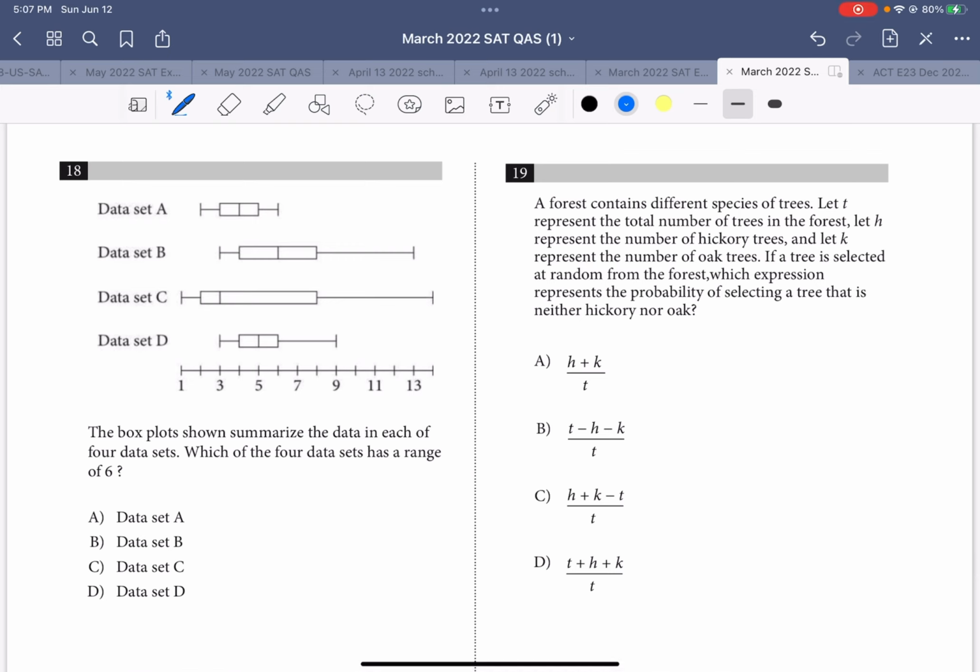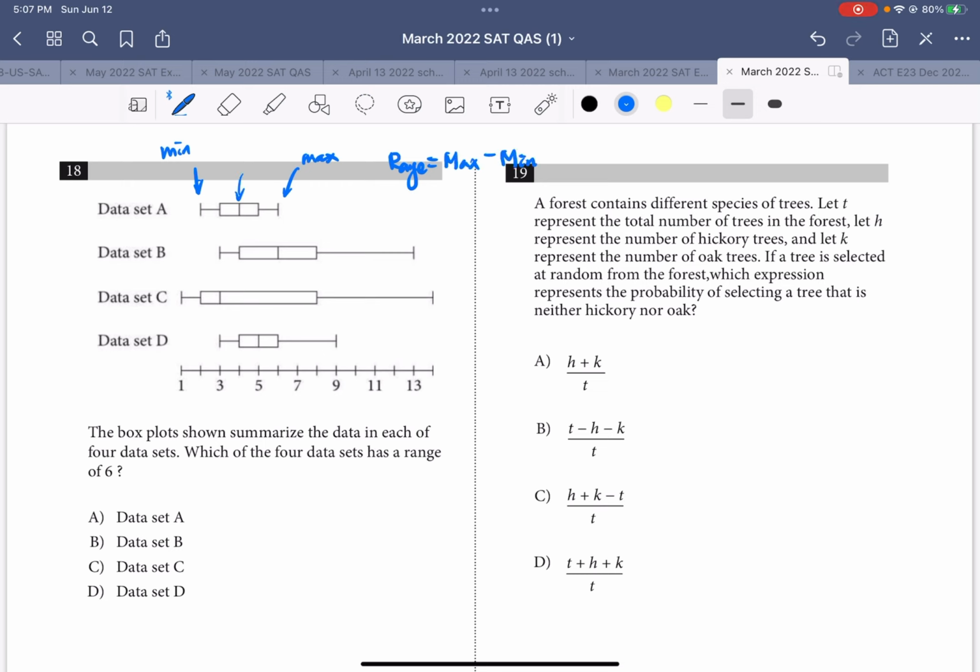Number 18. Now this box and whisker plot comes out on the SAT a lot. Looks like almost every time they put it on the test. Make sure you know what each critical point represents. So this one is the minimum. This one is the maximum. And range is maximum minus minimum.